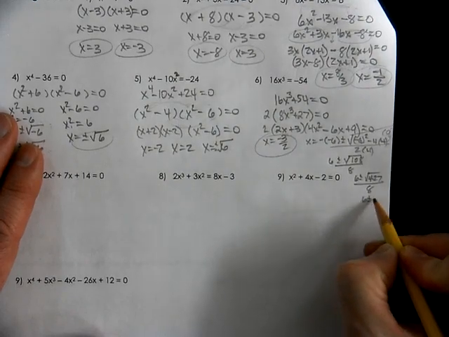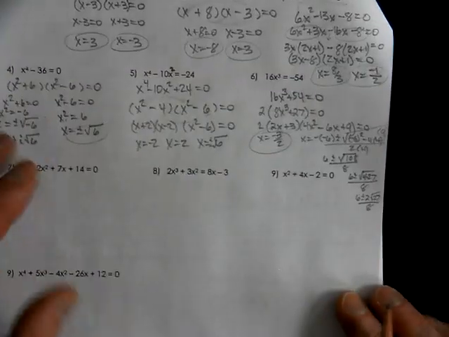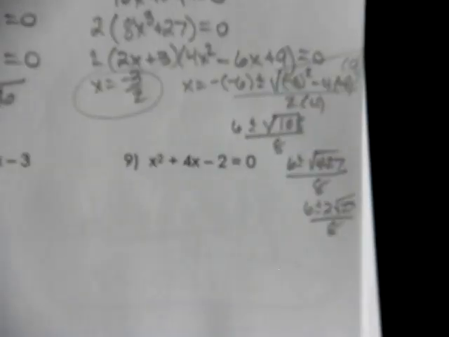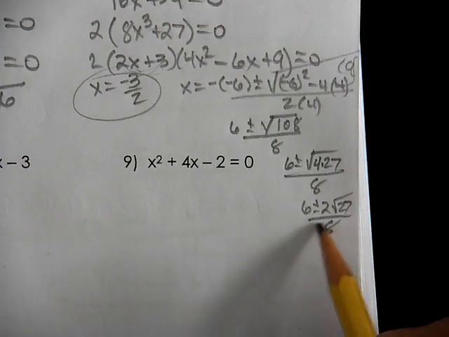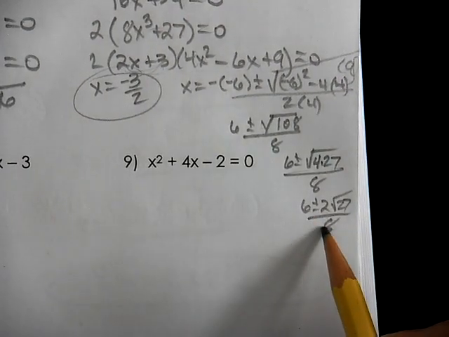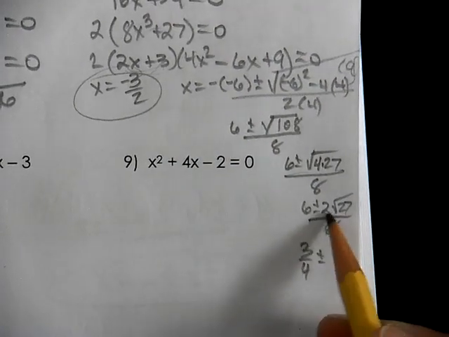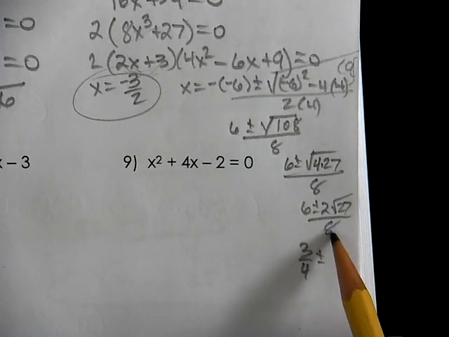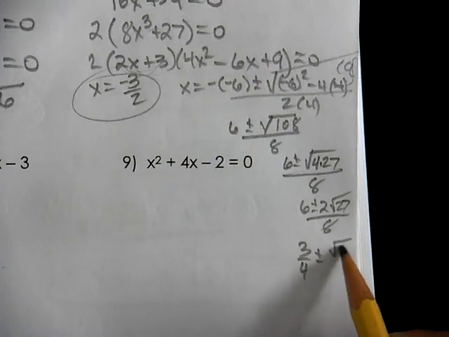So that's 6 plus or minus 2 root 27 over 8. And you can reduce a little bit here. This would be 6 over 8, which would be 3/4. But this would be 2 over 8, which would be 1/4.